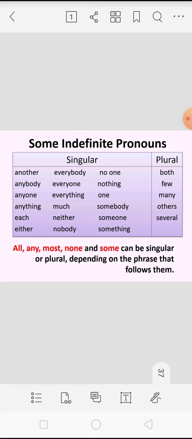Plural forms are both, few, many, others, or several. All, any, most, none, and some can be singular or plural depending on the phrase that follows them.